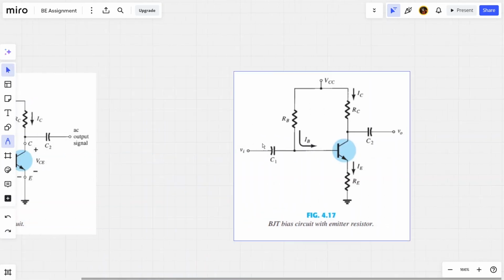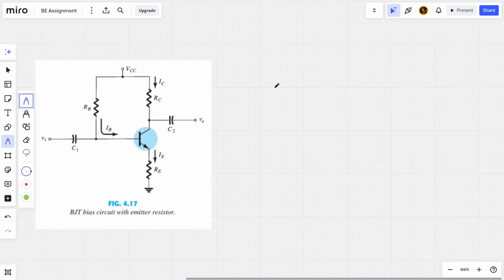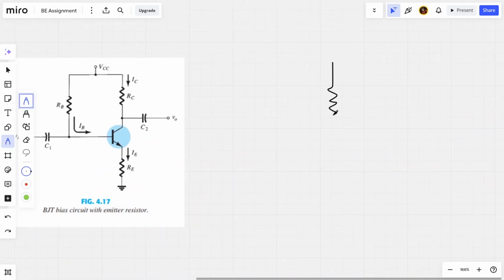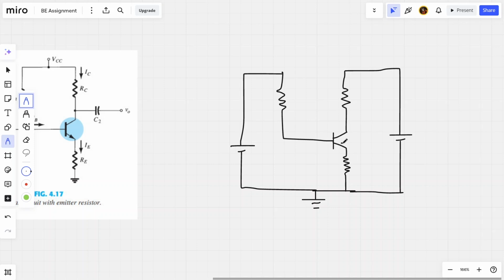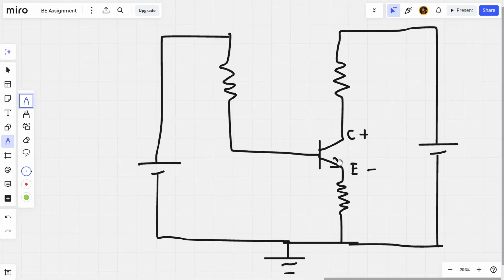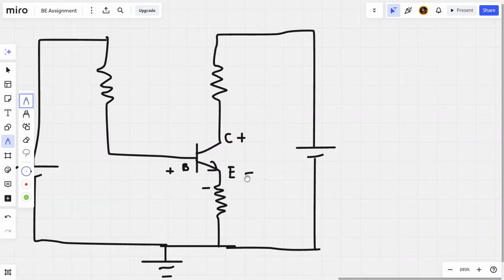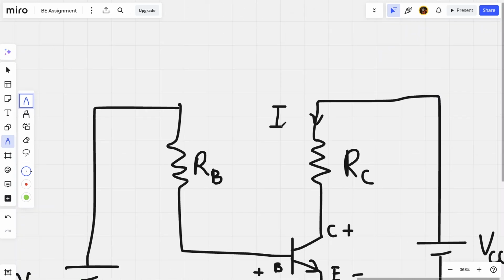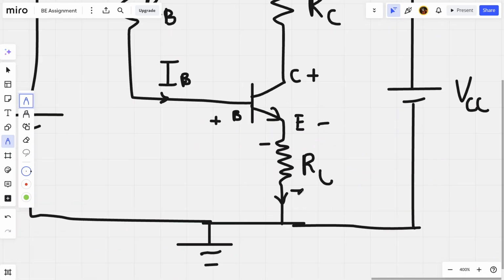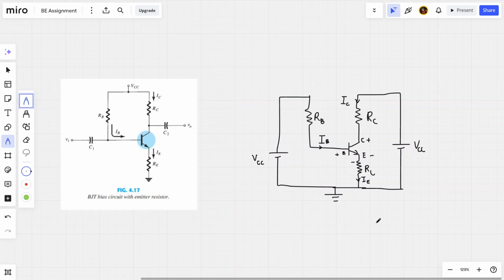Okay, so moving forward to the emitter bias configuration. Now let's begin with the equivalent circuit. Okay, so this is the equivalent circuit of the emitter biasing configuration.